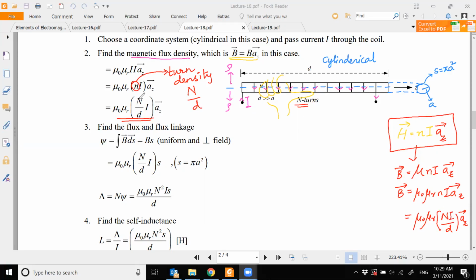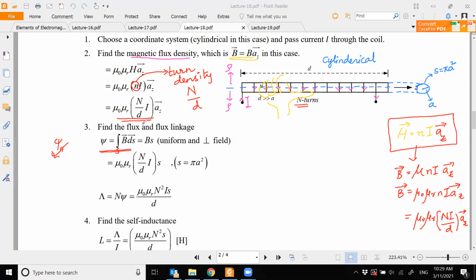Now, this is the second step. Once you find the magnetic flux density, the third step is to find the self flux. So self flux is psi 11, but sometimes we drop this in inductance because it doesn't matter. It is a self flux. So the self flux is nothing but the integral over the surface of B dot dS.